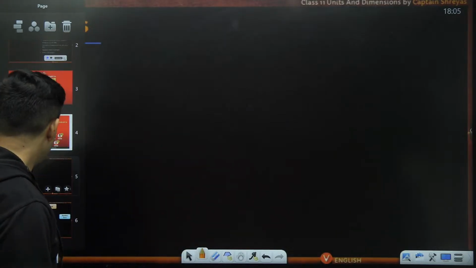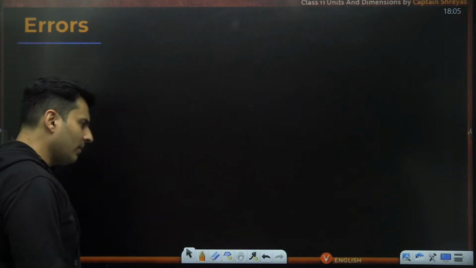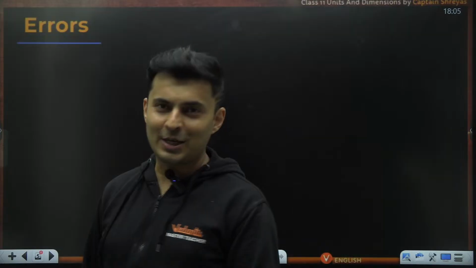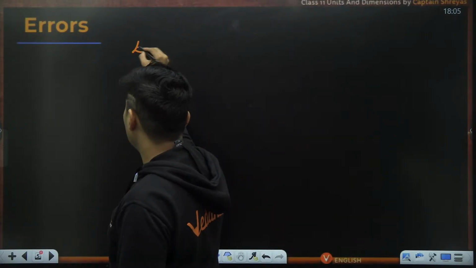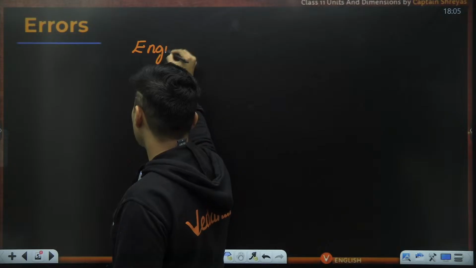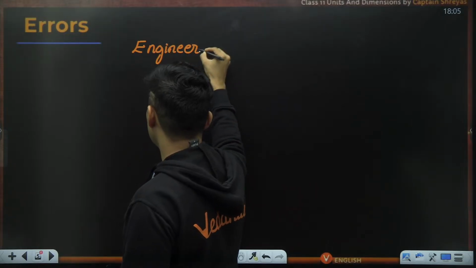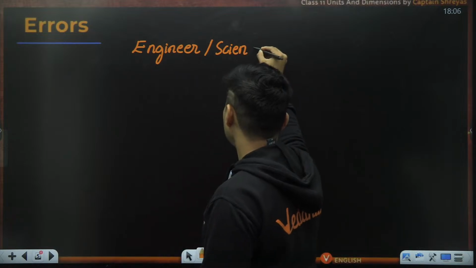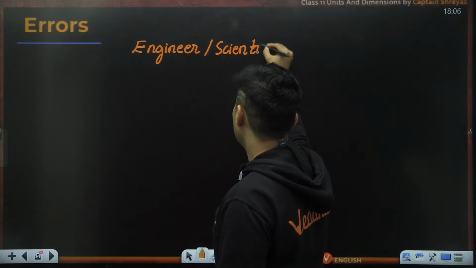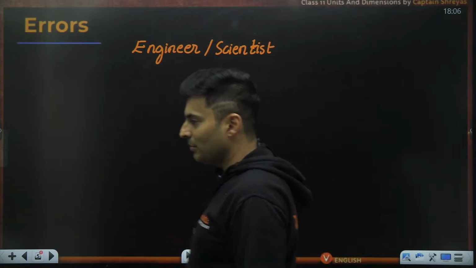Because usually what happens when we are in school, we think that everything is perfect around us. But remember, the job of an engineer, or basically I would say a scientist, is very simple.